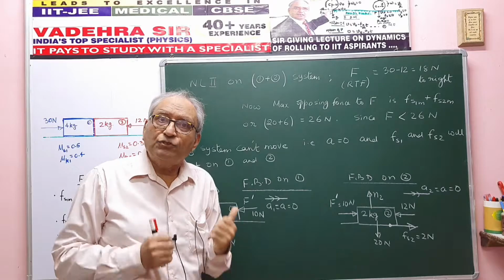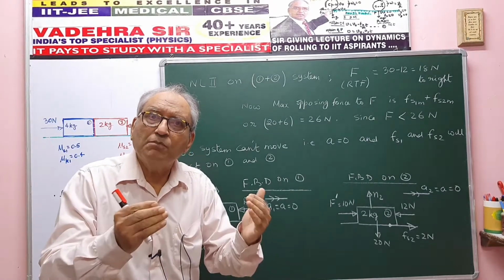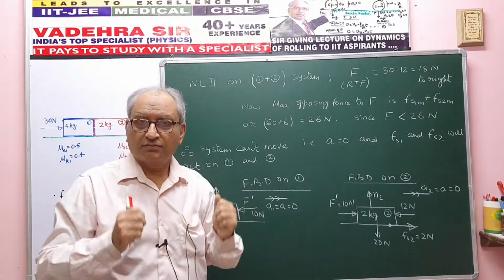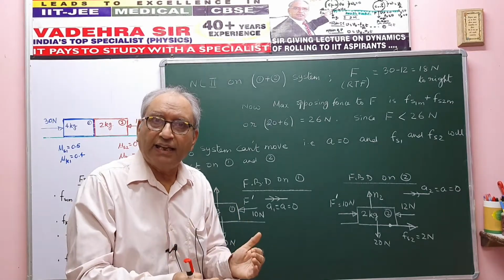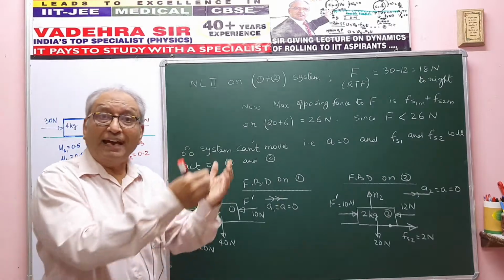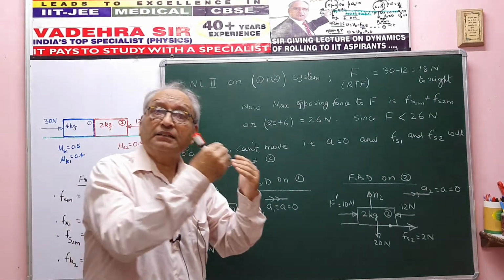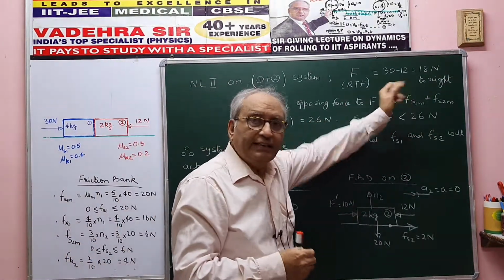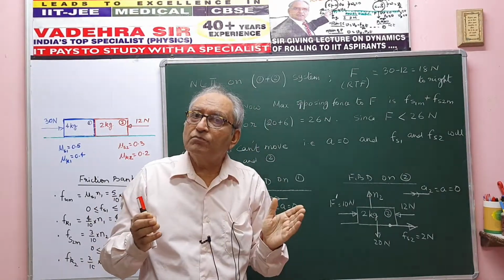Now first of all, we have to see, will the system move or not? For that, I'll have to take the maximum opposing force to the tracting force, which is 18 Newton. How do I get the maximum opposing force?